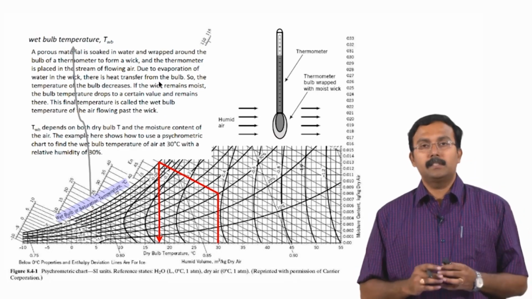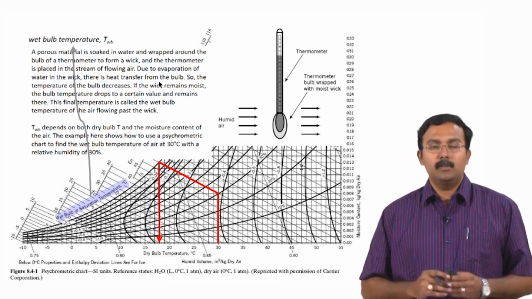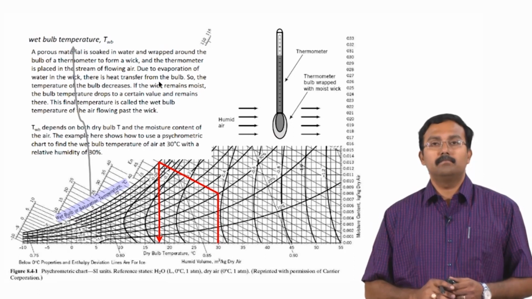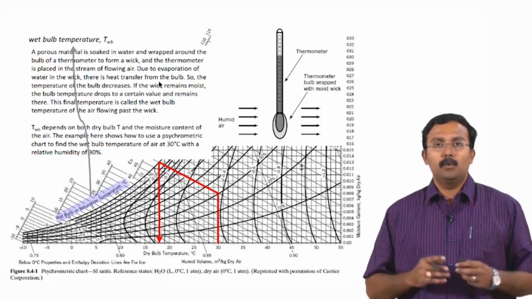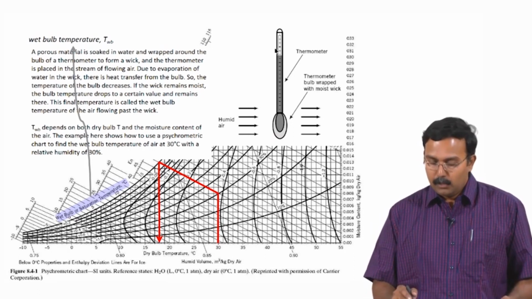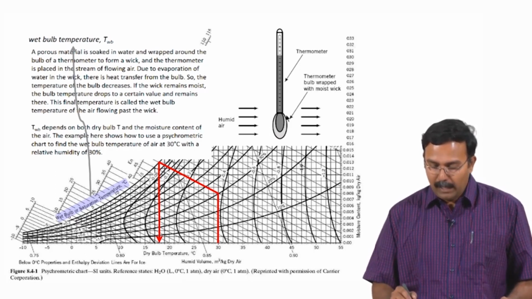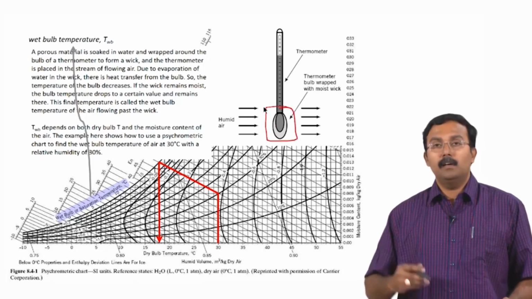I know this definition does not make it very easy to understand. So, let me try to explain it in simpler terms. The setup you have here is a thermometer, and this regular thermometer is wrapped with something called a wick.